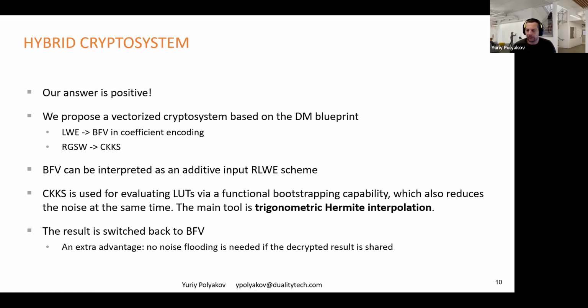We don't need to additionally consider how many bits of the actual message have been corrupted by the noise. So simplicity is certainly a major consideration. Moreover, many techniques that were previously developed for hybrid cryptosystems such as TFHE and FHE can be readily applied to this construction, so a lot of the toolset could easily be used.